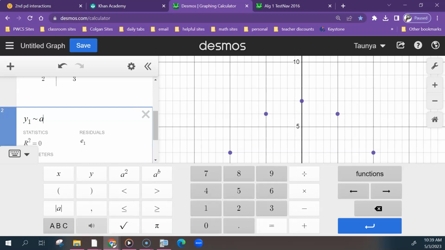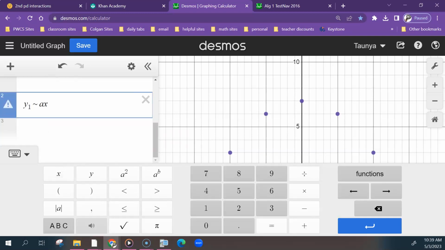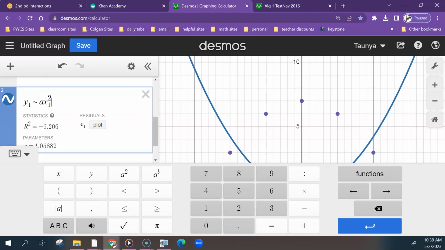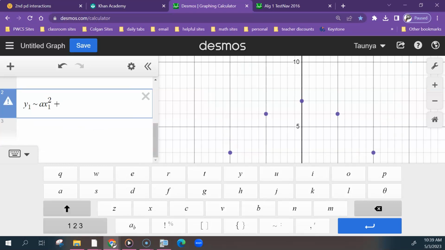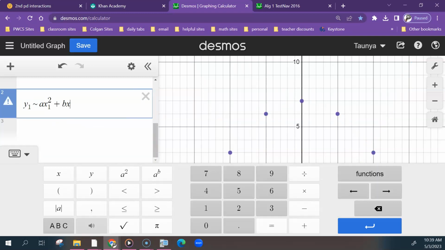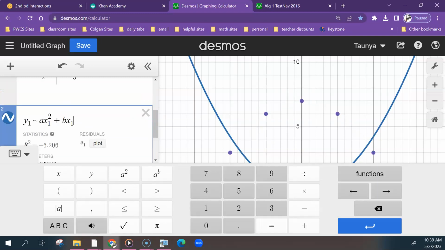A, x1, and then squared. So x1, and then make it squared. If you make it squared first, it'll do weird things. And then plus bx1, plus c.